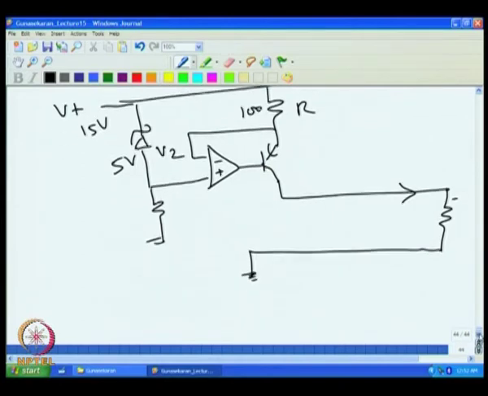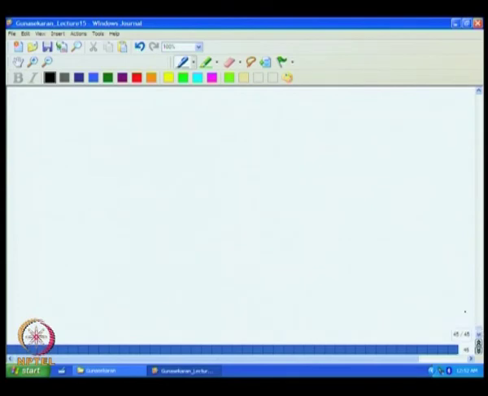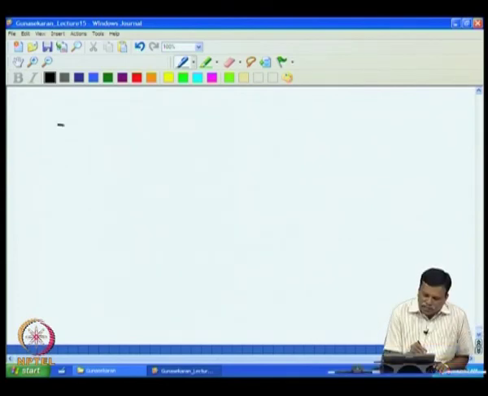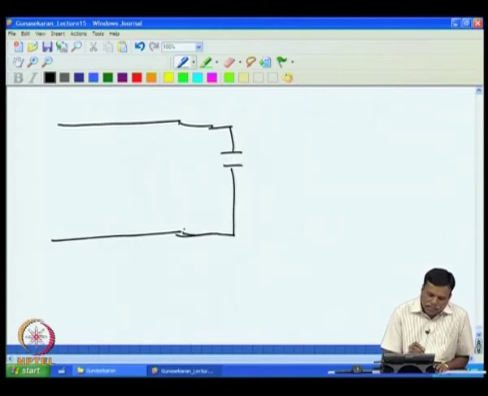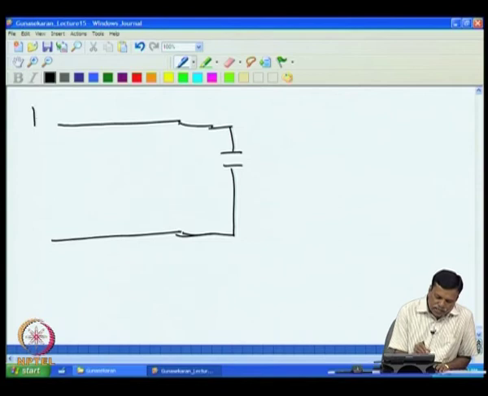Now, to convert this into power, whatever current is coming from the long distance, I want to convert first into a power, that is I convert into a constant voltage. So, for that I will put a capacitor here. If we look at this current transmitter, the constant current is coming and that is grounded.